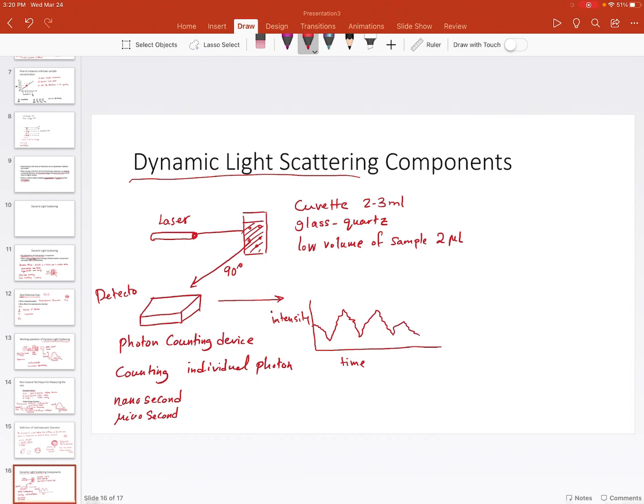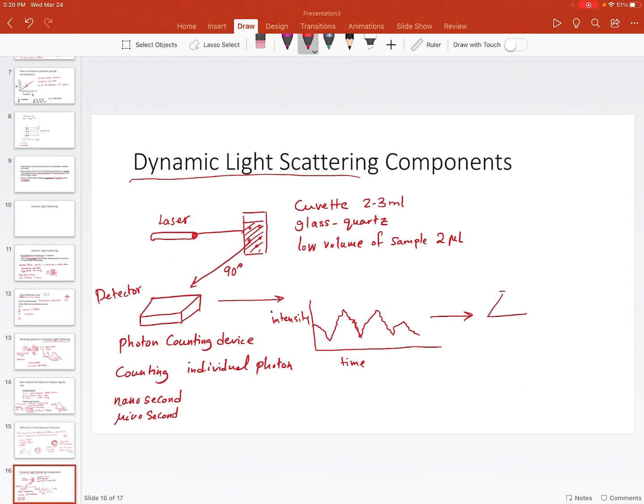Remember that we're going to correlate this graph and get the data of size distribution. As for now, this detector is giving us intensity versus time, and we can see that intensity versus time is fluctuating. This is because the particles are moving constantly. So we have a fluctuation of intensity versus time.